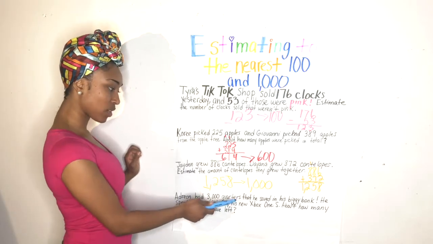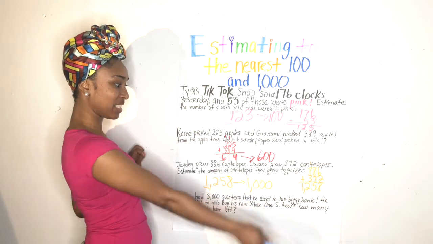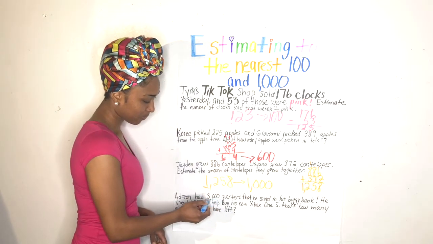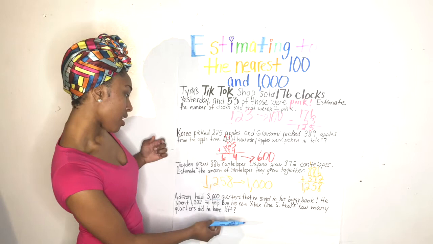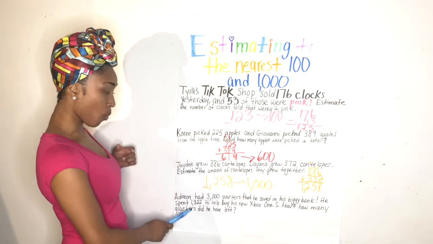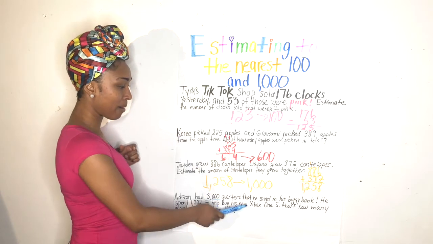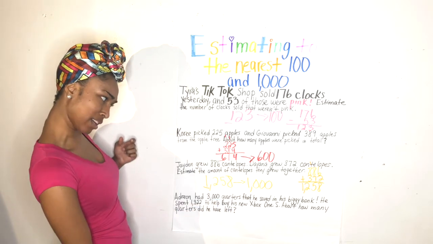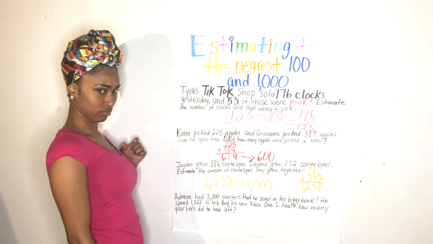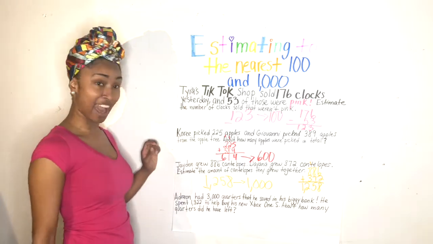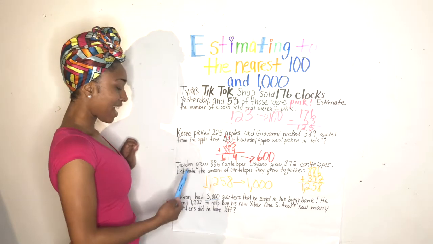Adrian had 3,000 quarters that he saved in his piggy bank. That's a lot of quarters. I'm just going to underline it. He spent 1,322 of those to help buy his new Xbox One S. About how many quarters did he have left? Okay, I'll say it again.